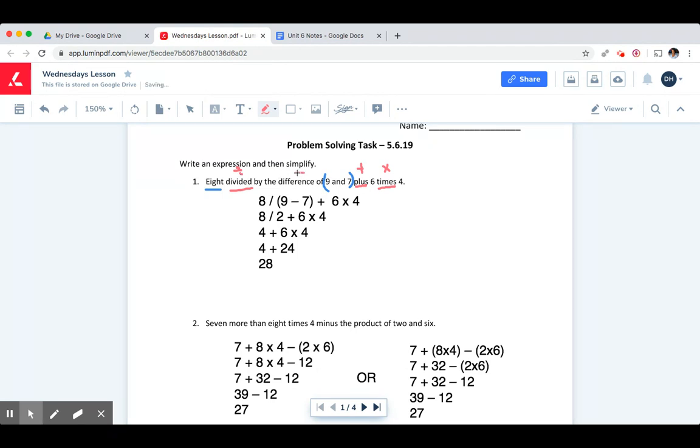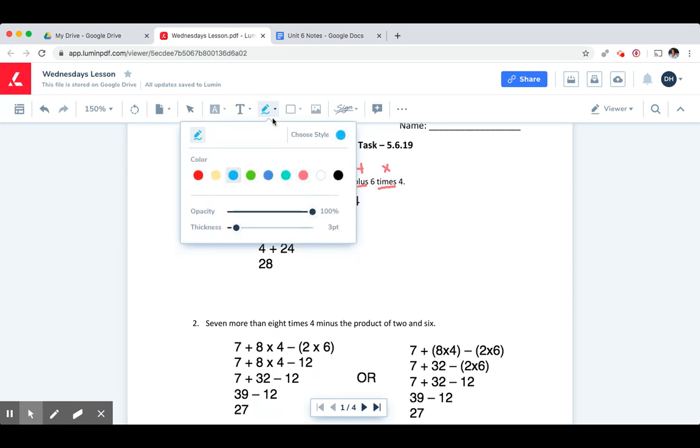And I have to write an expression that matches. So an expression that matches this would be 8 divided by parentheses 9 minus 7, close parentheses, plus 6 times 4. Remember, 9 minus 7 is in parentheses because the words that were used show us order.